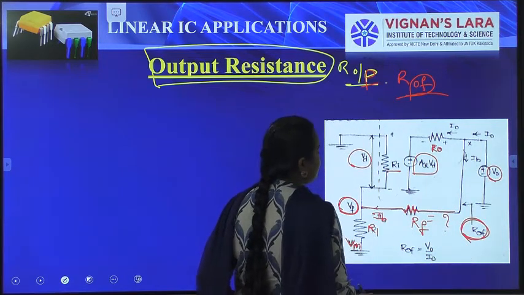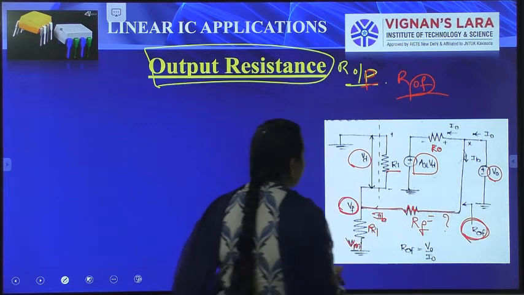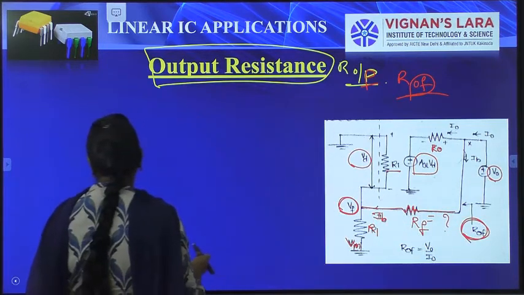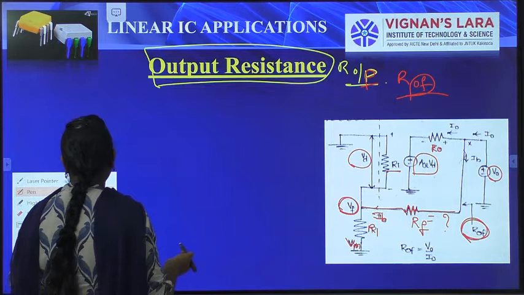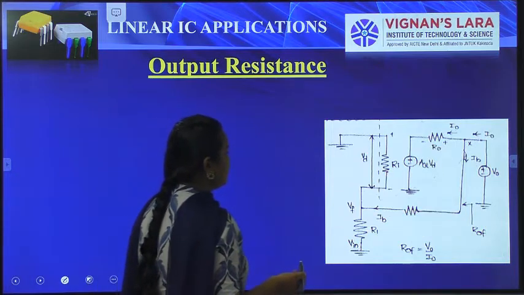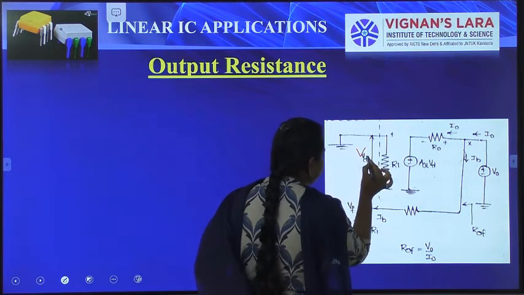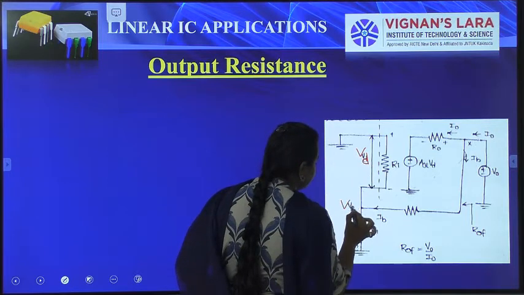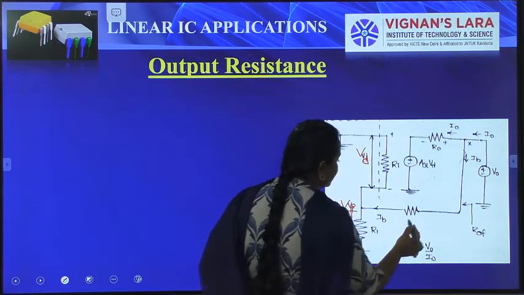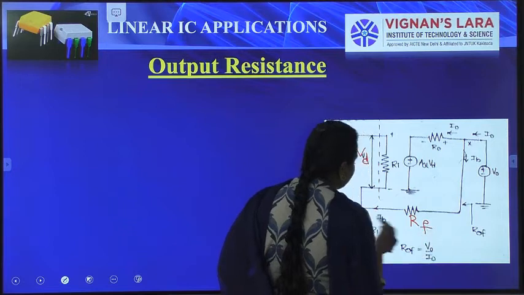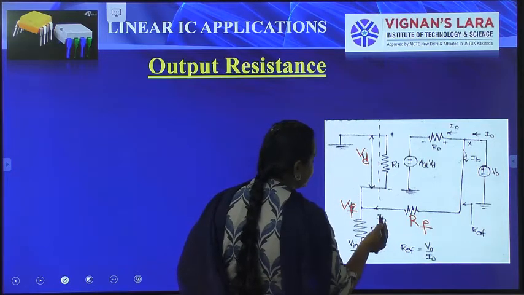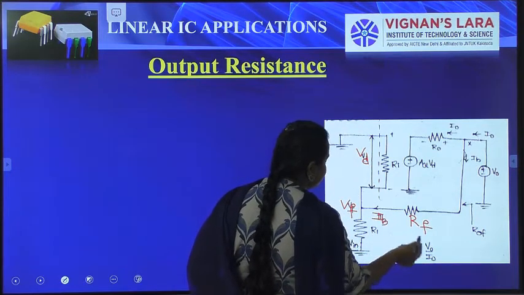So for this feedback I am going to calculate the terms related to this network. We have VD, and VF, the voltage across the feedback network, and IB is the current flowing through the feedback network.